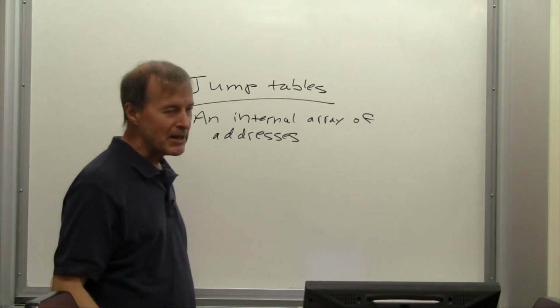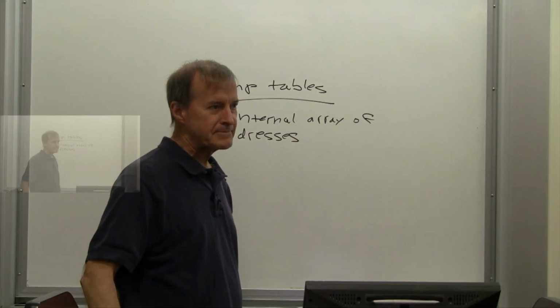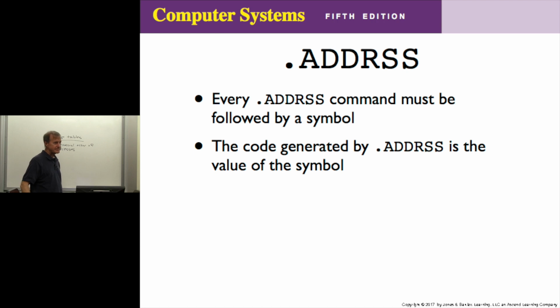we need a new dot command. And what do you suppose that dot command is called? Dot ADDRSS. All right? And look, check this out. How does the dot address dot command work?